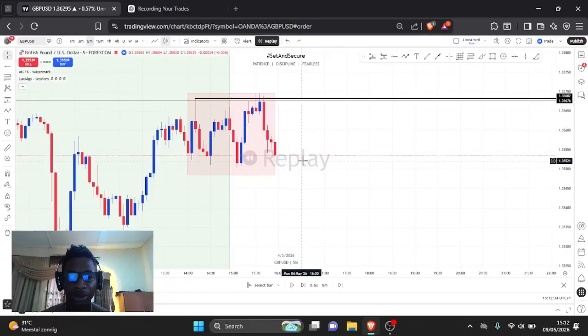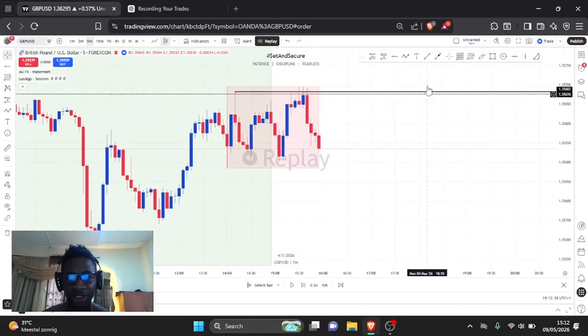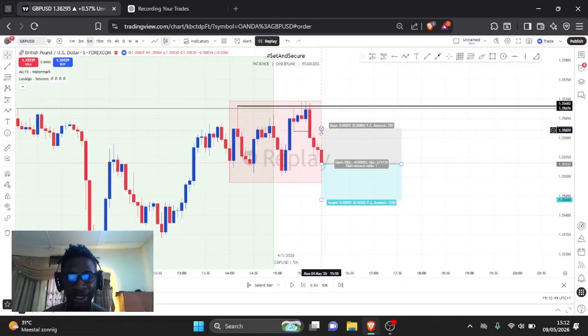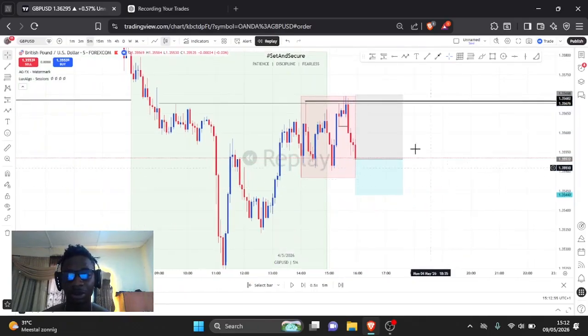So what are we going to do right now? We are going to wait for an impulsive break. We can actually say this is an impulsive break right now. Well, let's see. Actually, if I'm the one, I'll have entered from this point. I love taking risk. I'll enter and put my stop loss above this liquidity because I know this is a good liquidity sweep. If I'm wrong, we get stopped out.